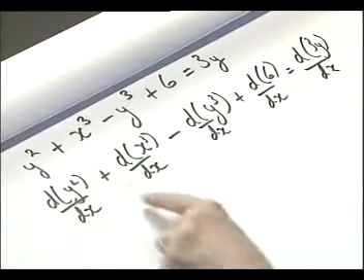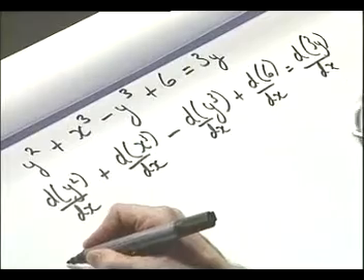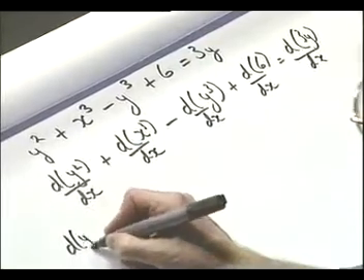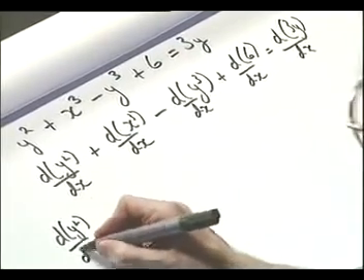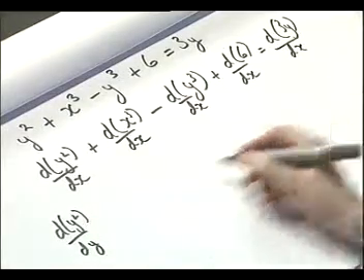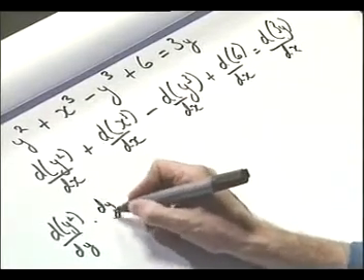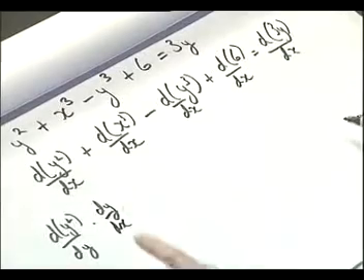Let's remember how we said we would do this. We said we would take the derivative of y squared with respect to y and multiply it by dy by dx. That was our chain rule.